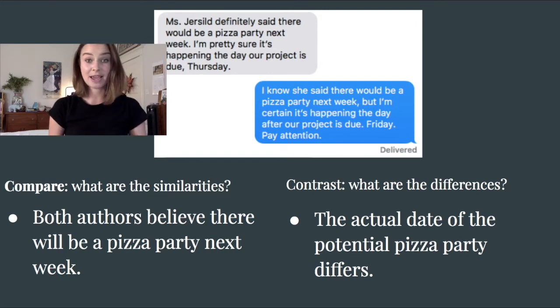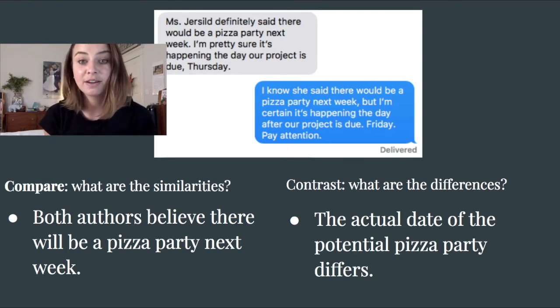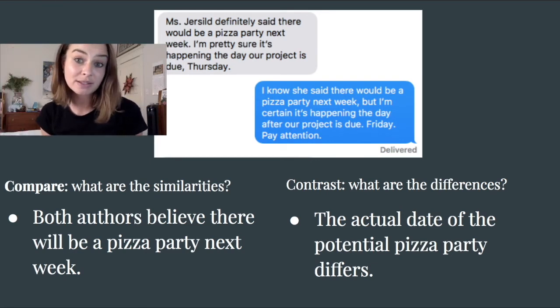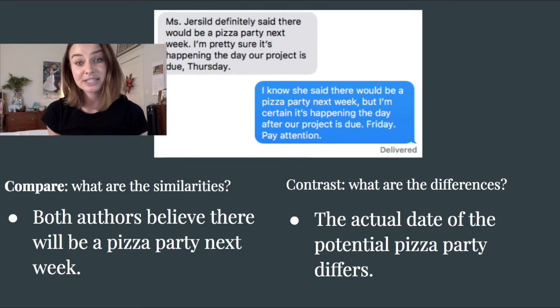Especially on, say, a big standardized test, which gives you a hugely long piece of information on humpback whales, and another long piece of information on blue whales, and all of a sudden, you're expected to find the similarities and differences, but you're bogged down by the amount of text presented to you. This is why we start with something so small, like two friends texting us about a pizza party, and then use that skill to apply it to something big, like two big pieces of nonfiction, right?